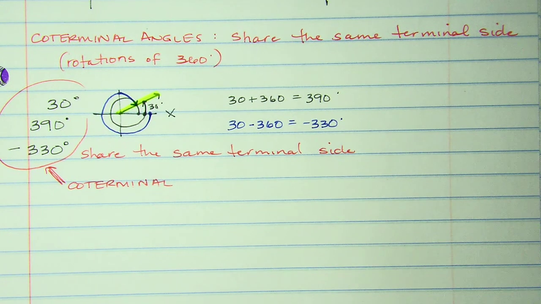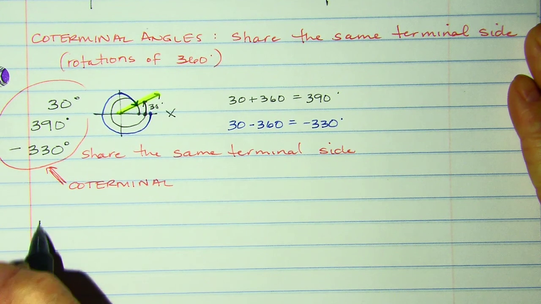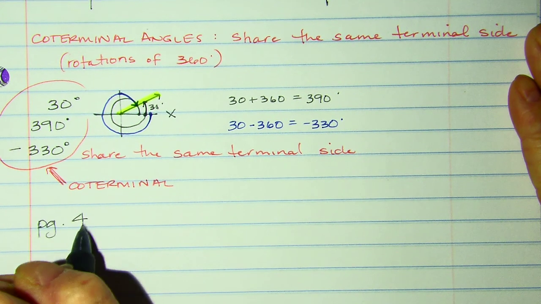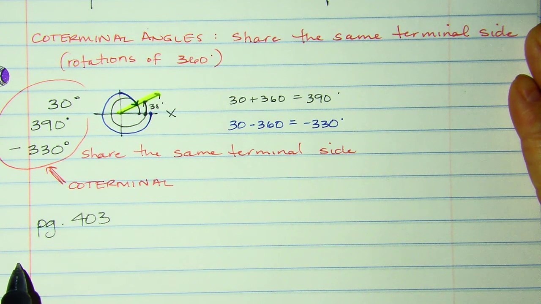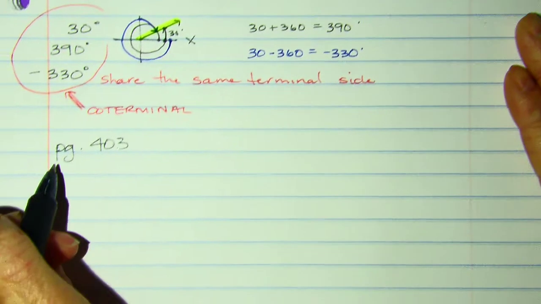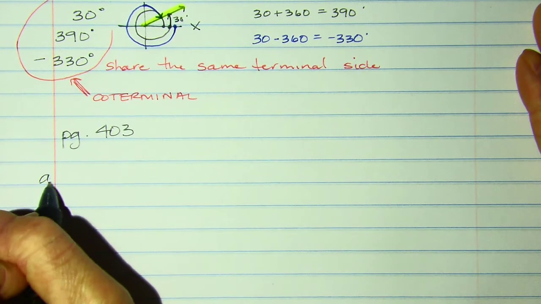So let's go over that and do the first few on your lesson practice. Lesson practice is on page 403. So for parts A, B, and C, they'd like us to draw, and you're just doing an estimate.